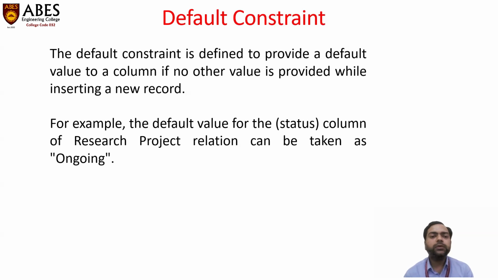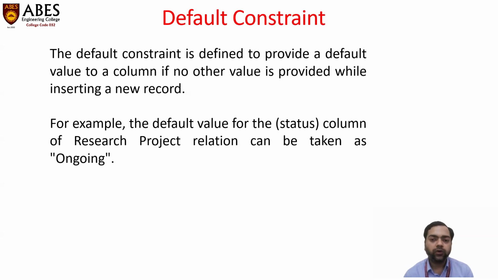There will be two cases. First of all, we can place null into that particular attribute, right? Second, we can use the default constraint if we do not want to place a null value. Whatever value we want to place into that attribute, if we do not know its value, we can use the default constraint. So in the address attribute, we can use India, right?